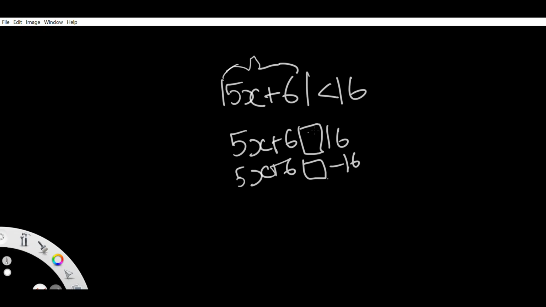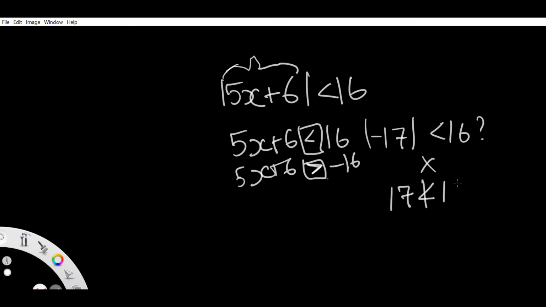So thus, if we looked at it like that, then we could just take away the absolute value sign to get 5x plus 6 is less than 16. Similarly for this one, it needs to be greater than negative 16. Since if this is equal to negative 17 or so on, it would be the absolute value of negative 17 less than 16, and the answer would be no, since 17 is not less than 16.